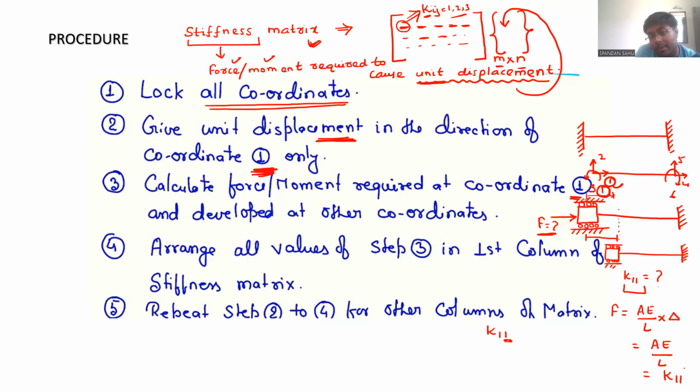The second subscript defines the displacement along which coordinate. If you want to provide unit displacement along coordinate direction 1, then how much force you require to give along that coordinate, that is K11. If I write K21, then what does it represent?